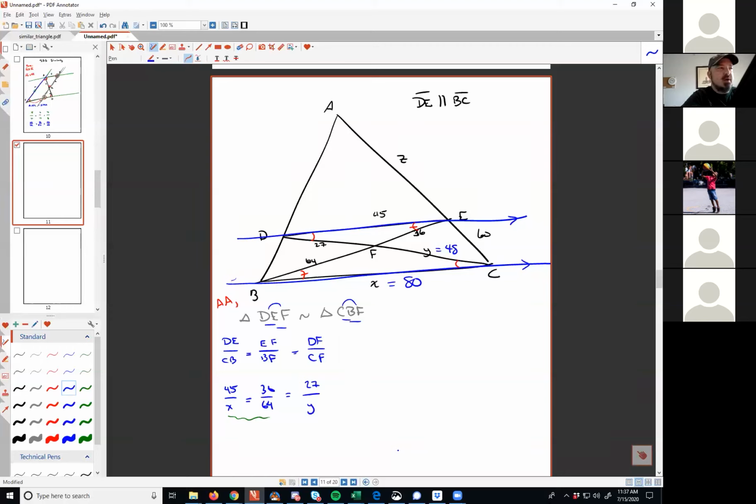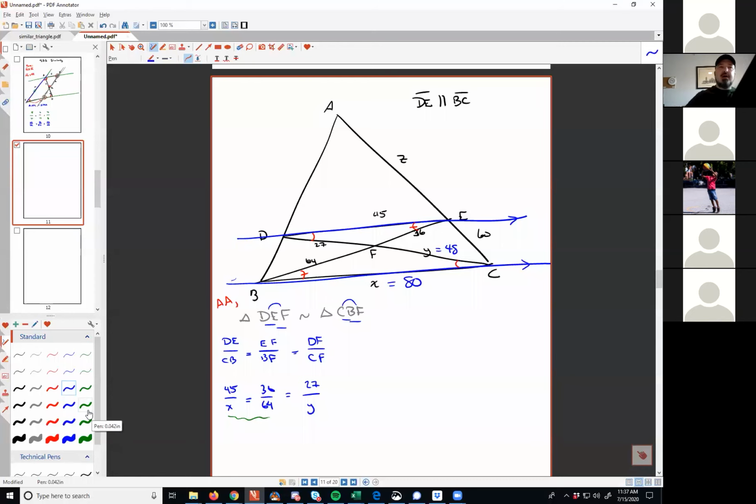Harshita, can you identify a second pair of similar triangles here? Anyone else? Yeah. Triangles BDF and ECF. Maybe. I don't know. I can see one pair of similar angles.